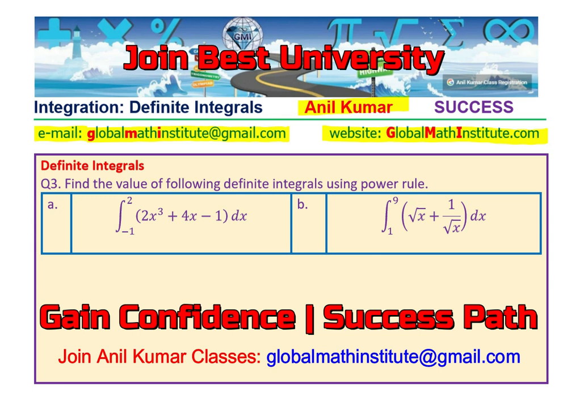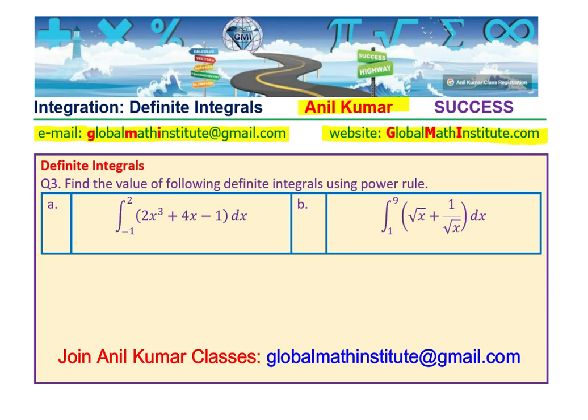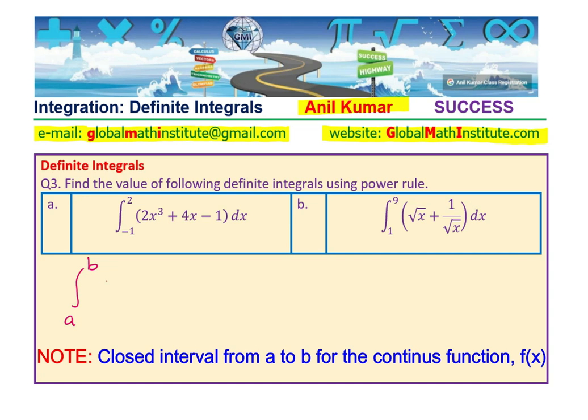Let me now explain how do we evaluate definite integrals in general, and then we'll take up these two examples. If we write an integral from a to b, this is a closed interval where we are integrating a function f of x with respect to x.